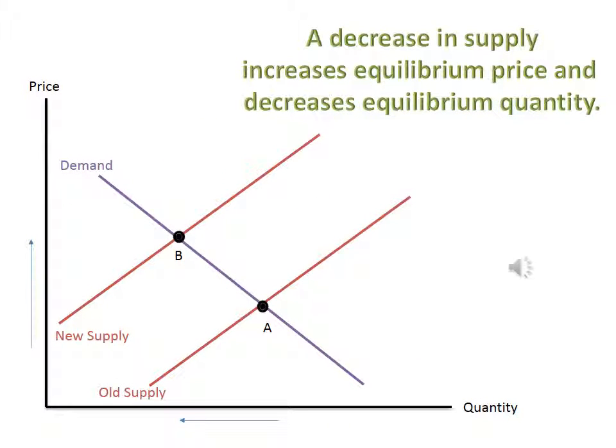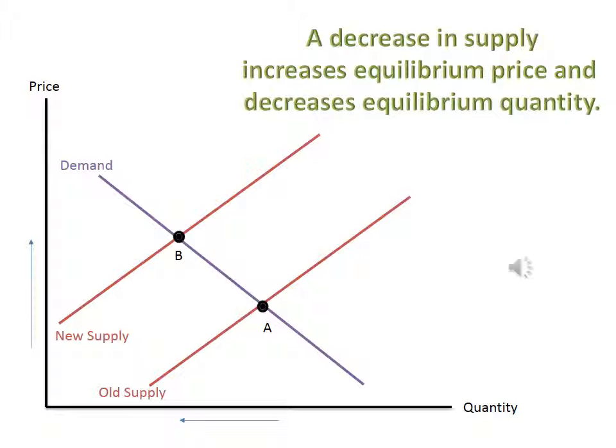Now let's consider a decrease in supply. We move from the old supply curve to the new supply curve. Now the new supply curve is lower. That represents a decrease because if you pick any given price, quantity is lower on the new supply curve than the old supply curve.